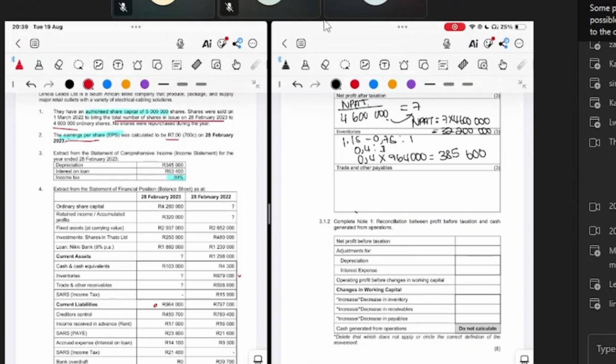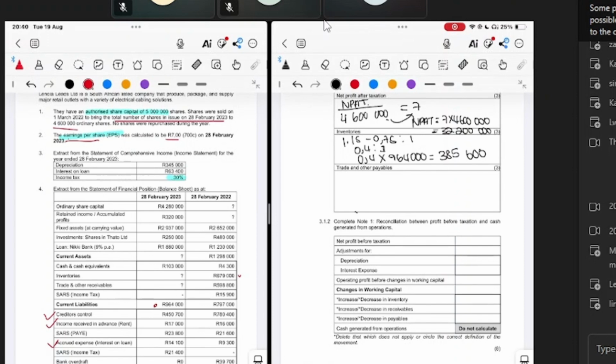Then we have our trade and other payables. So trade and other payables, what's this? You take your creditors control, similar to what we were doing, and then you also have your income received in advance, and then you also have your accrued expense, which is 14,100, your interest on loan.